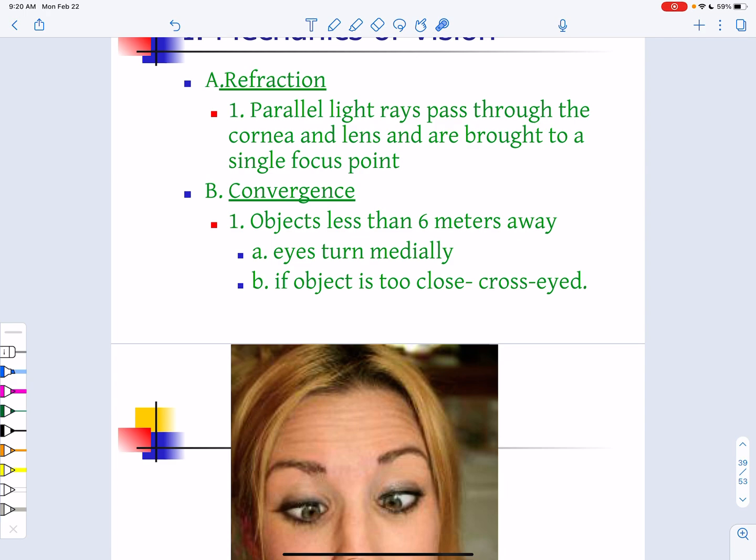Okay, so convergence gives us that three-dimensional focus, which is fantastic. Okay, so we're going to talk about that when we talk about our visual fields, because we have a two-dimensional field and we have a three-dimensional field. Okay, but how does this all happen?